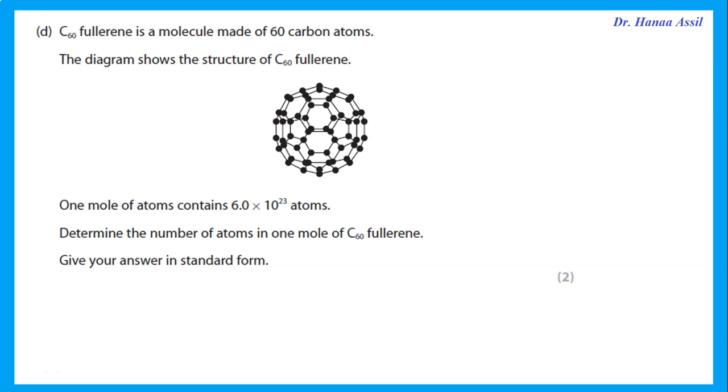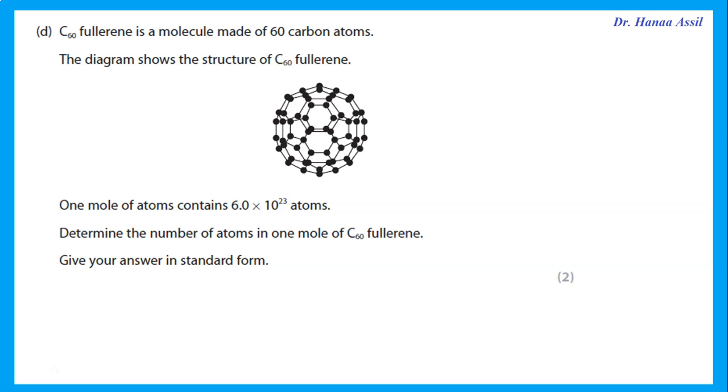C60 fullerene is a molecule made of 60 carbon atoms. The diagram shows the structure. 1 mole of atoms contains 6 times 10 to the power 23 atoms. Determine the number of atoms in 1 mole of C60.